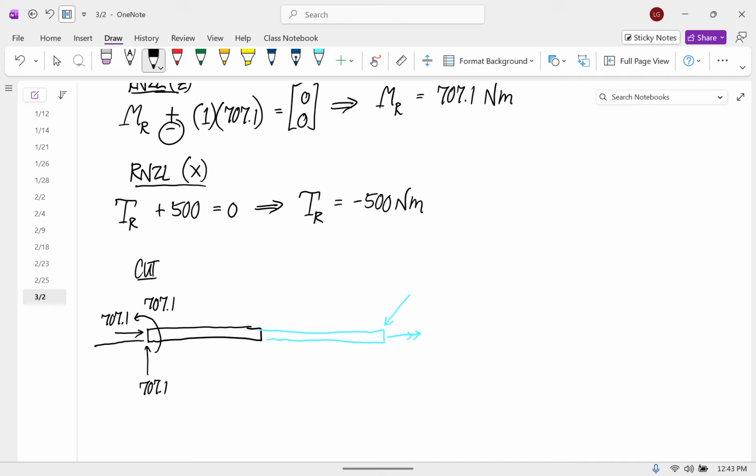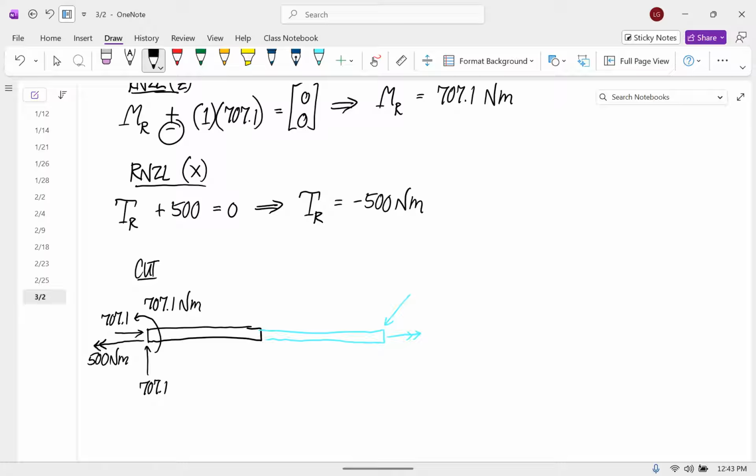And then since it was in the negative direction, I'm going to just draw this in the negative direction and make this 500. So that's Newton meters. Okay. So that's all the stuff that we figured out on the left end of this beam.